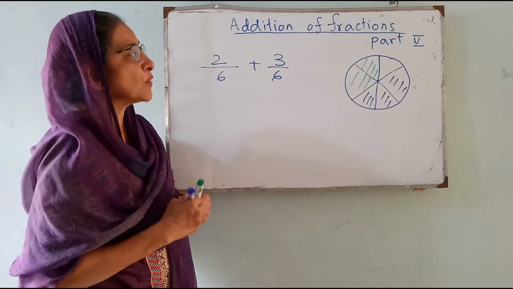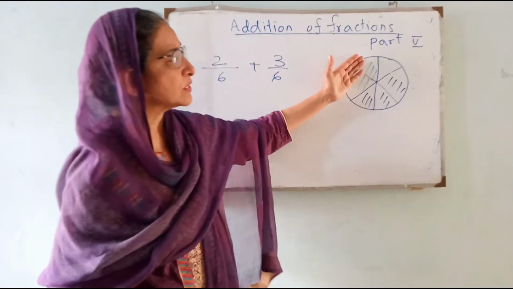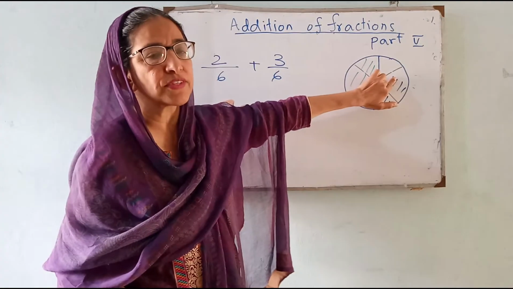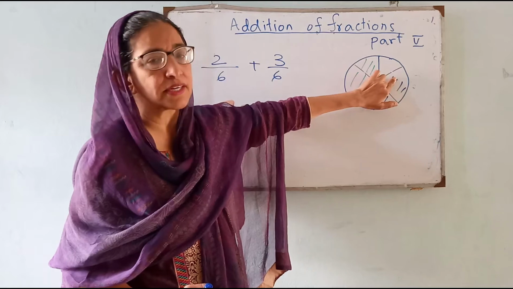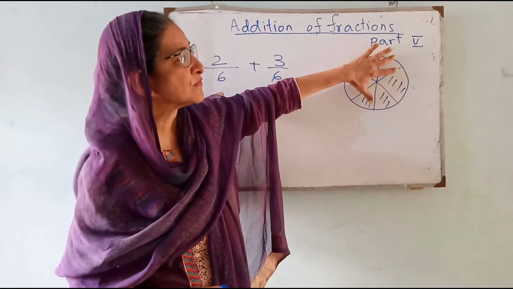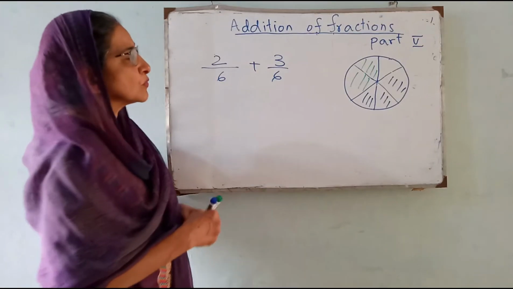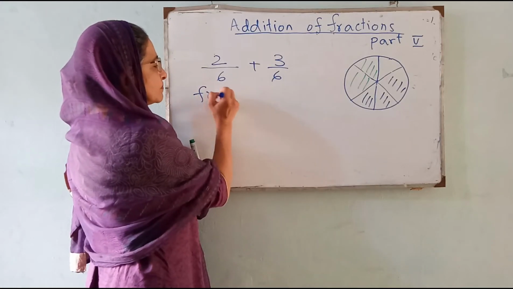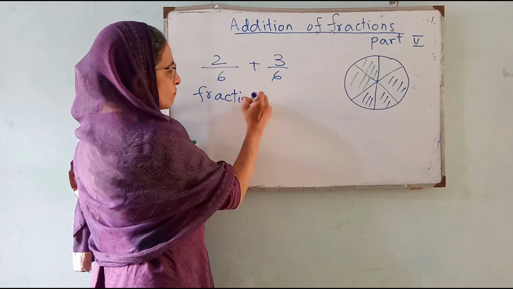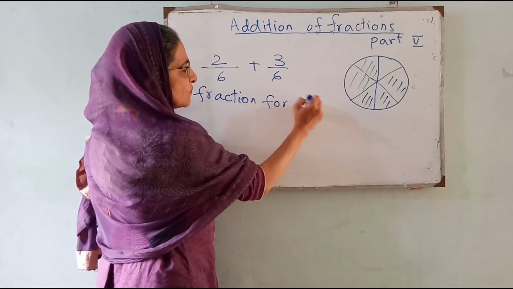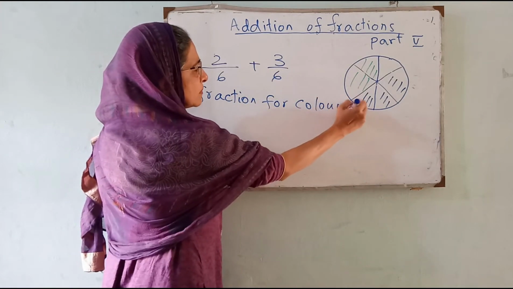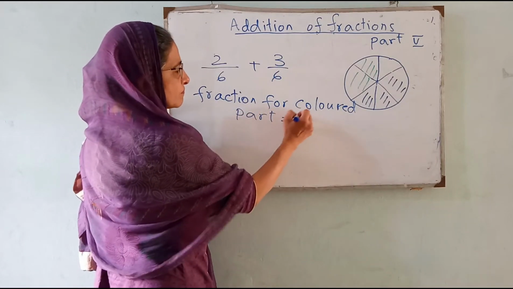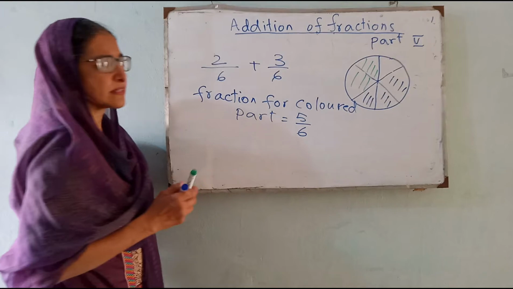Now if I want to add them, looking at the picture, you can see that the total 1, 2, 3, 4, 5 of the parts are colored, and out of 6, 5 are colored, so the fraction for the colored part will be 5 by 6, right?